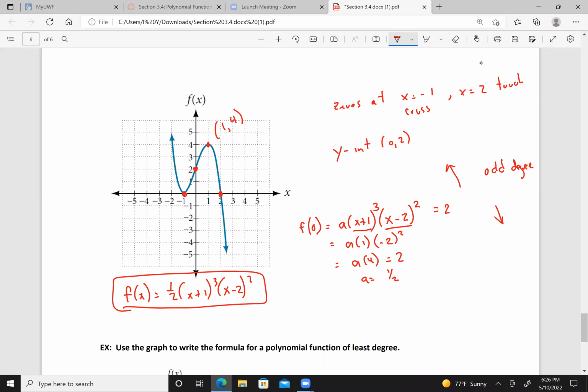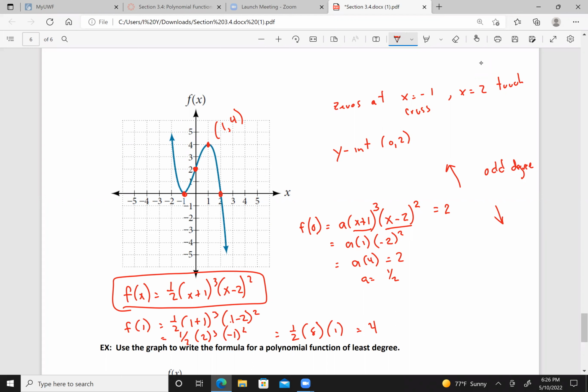So if I let x equal 1, I get 1/2 of 1 plus 1 cubed times 1 minus 2 squared, which is 1/2 of 2 cubed times -1 squared, which is 1/2 of 8 times 1, which is 4.